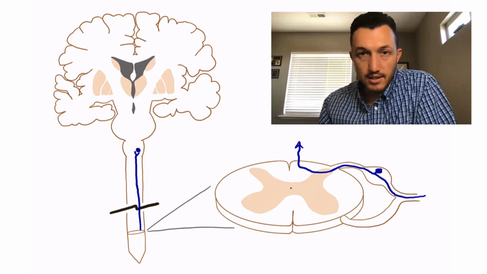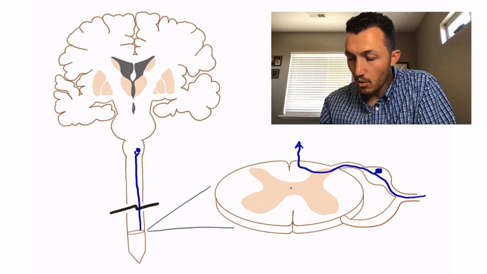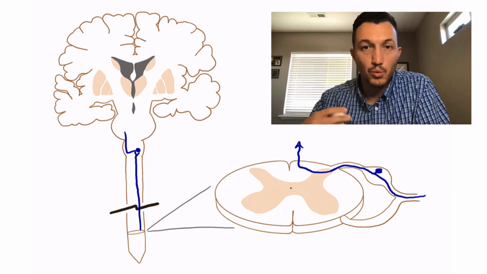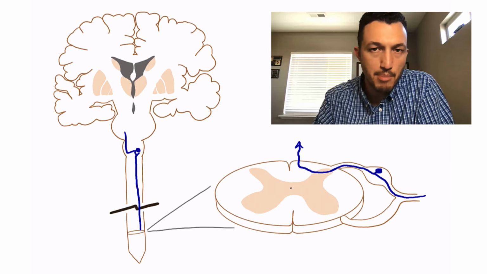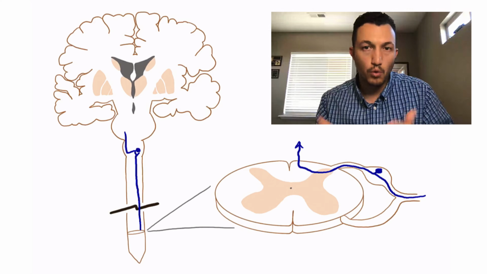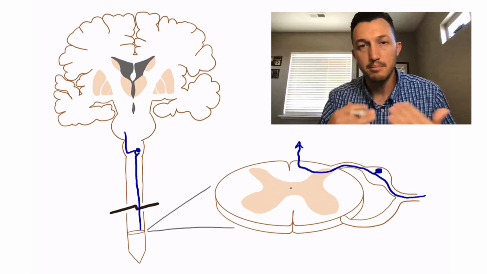Now immediately upon that synapse, the second order neuron is going to cross midline and then ascend. And when it crosses midline and starts to ascend, we call the pathway in which it's ascending the medial lemniscus pathway. And that's why the full formal name of this pathway is the posterior column medial lemniscus pathway.